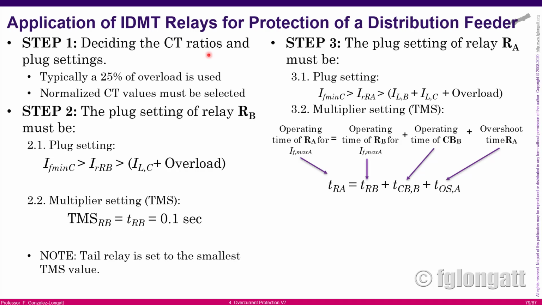Something that is very interesting that you must know is that sometimes you know only the load current and you don't know the maximum load current. That is the case in some distribution systems. What is the best option? What is the solution? Well, in some cases there are people who say that you can assume 25% overload.